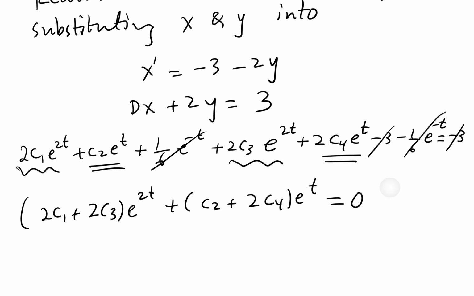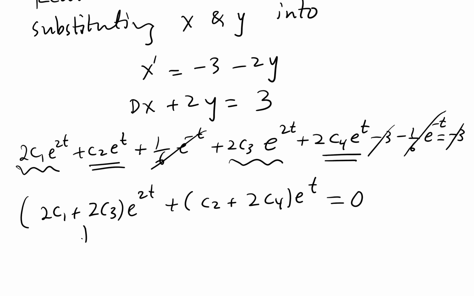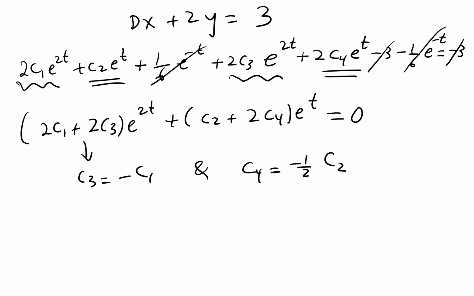Now to solve for that, from here we get c3, which is negative c1. And c4 is negative 1/2 c2. So then we substitute them back in. So x of t, it's c1 e to the 2t plus c2 e to the t plus 3/2 minus 1/6 e to the negative t.